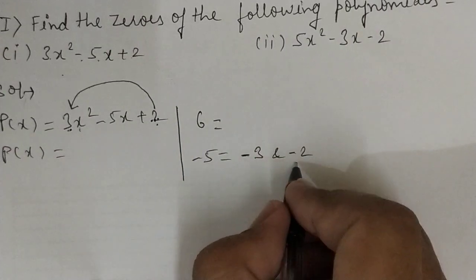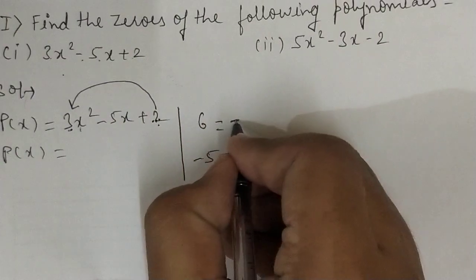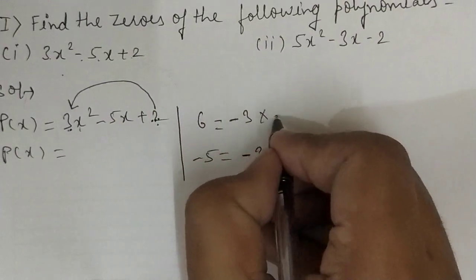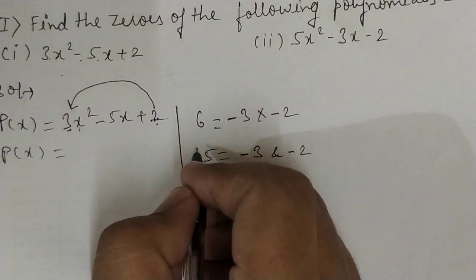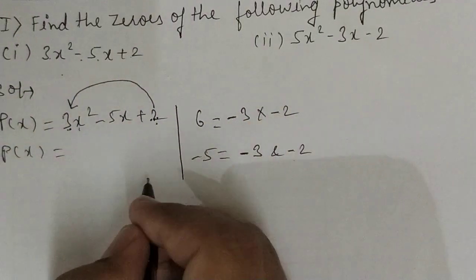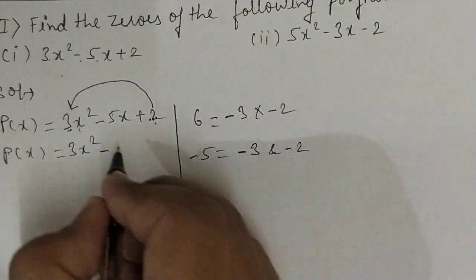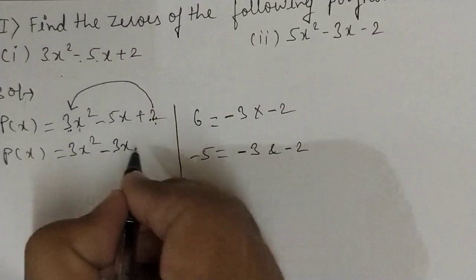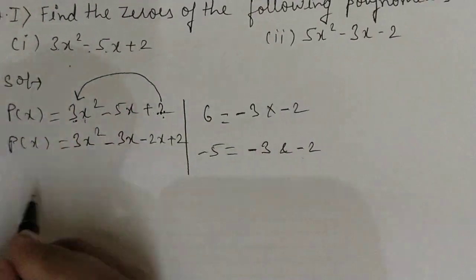If you add minus 3 and minus 2, you will get minus 5, and if you multiply minus 3 into minus 2, you will get plus 6. So it is satisfying the condition. So I can use 3x square minus 3x minus 2x plus 2 here.